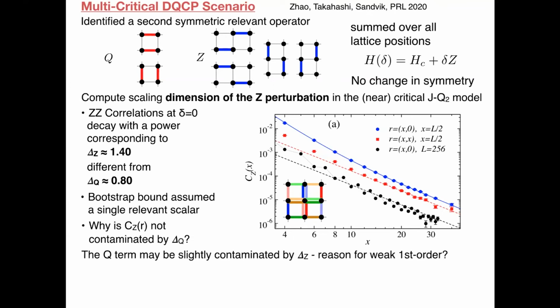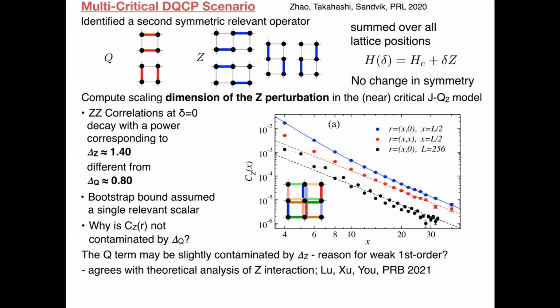But the Q term, as I have discussed, maybe with the JQ model itself, we are not exactly at the critical point. So there's something already there that perturbs it. So maybe that operator is actually the one that we are measuring to have scaling dimension 1.4. Maybe that's a little bit contained in the Q term as well, and that's what causes the transition to be first order.